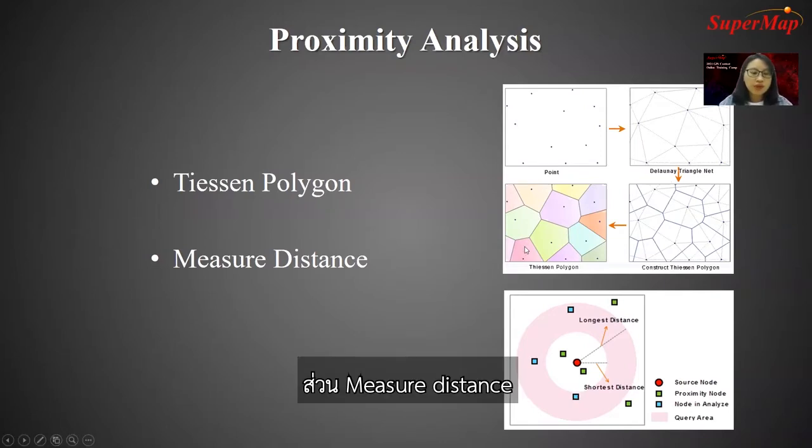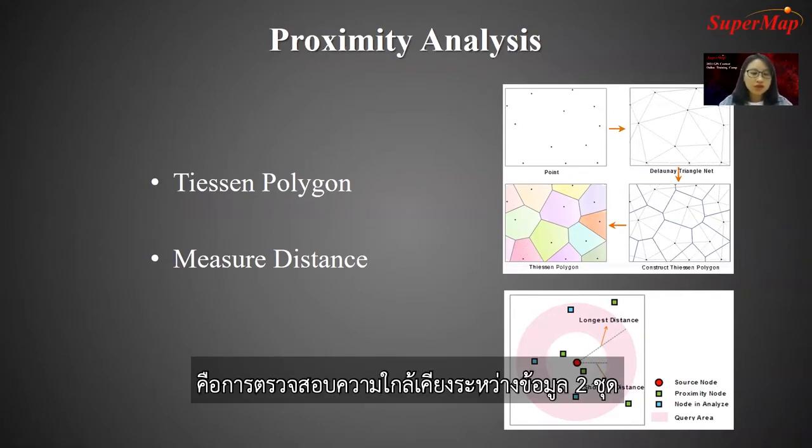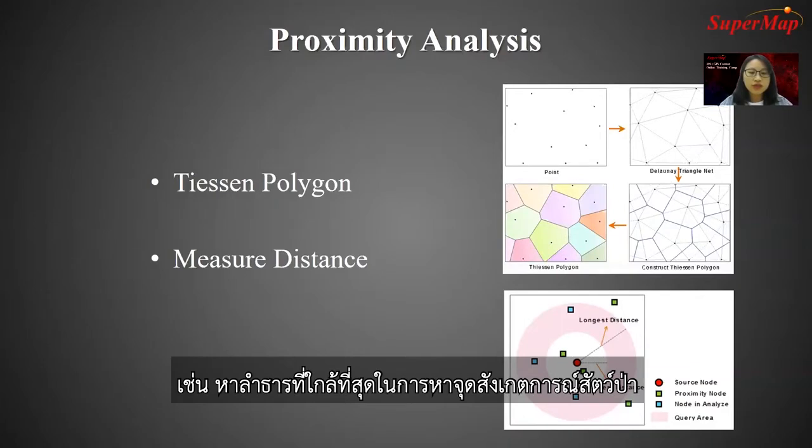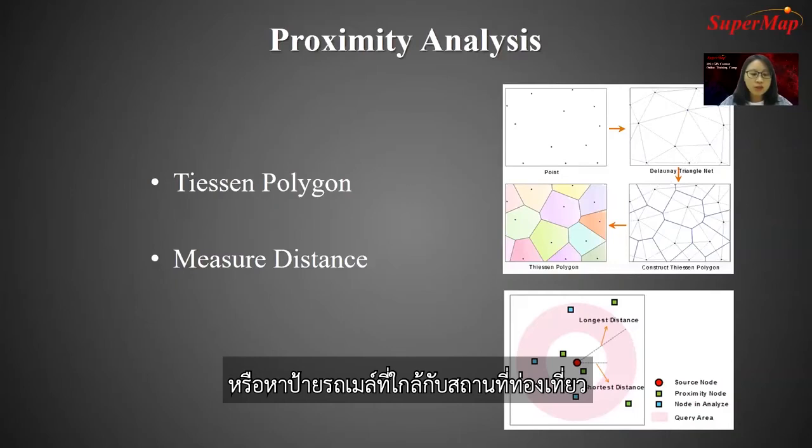And the measure distance function is used to check the proximity relationship between two groups of features. For example, you can use it to find the closest stream for a set of wildlife observations, or the closest bus stops to a set of tourist destinations.